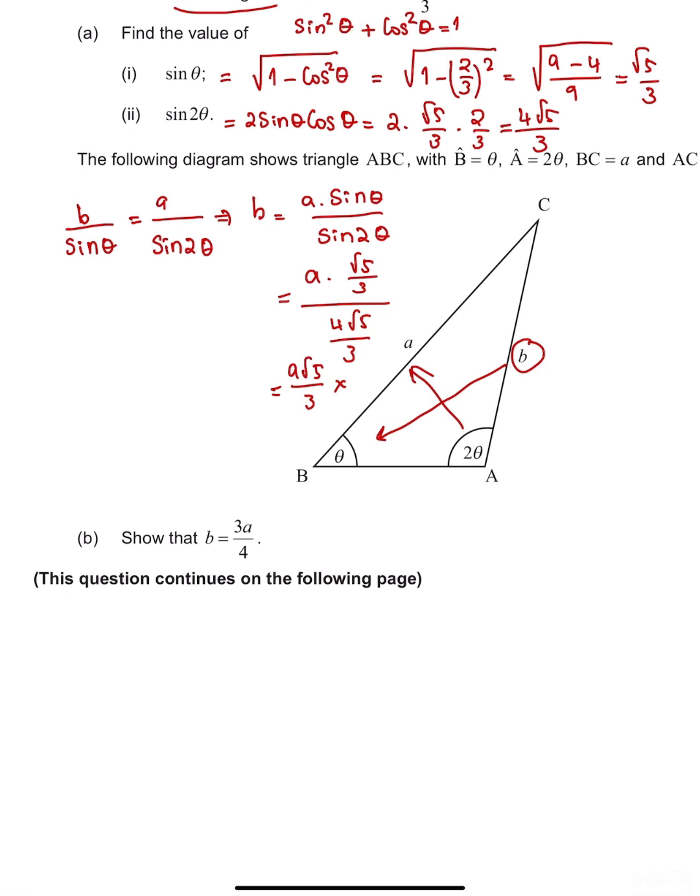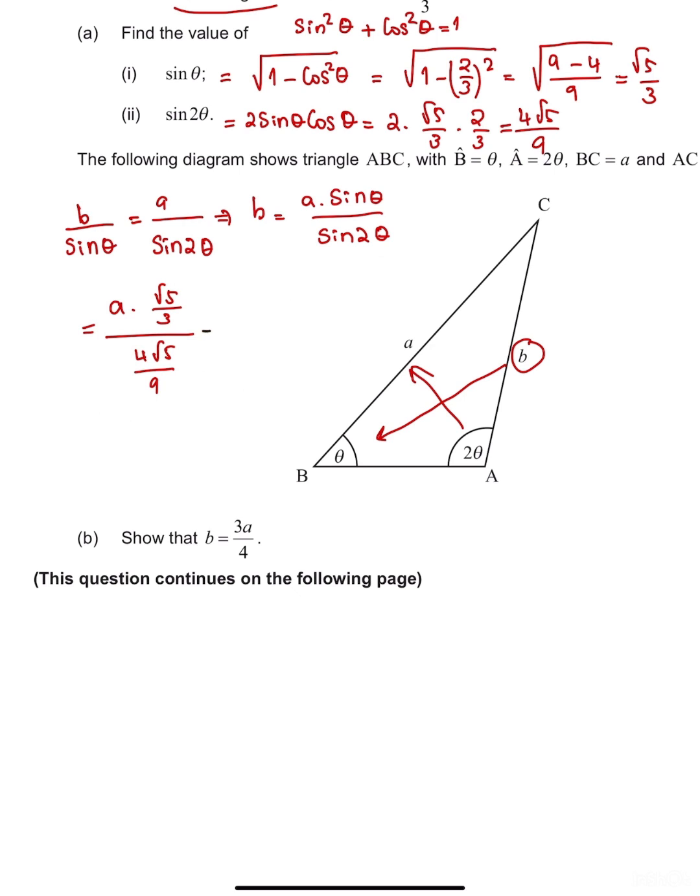I'm sorry, it's 9 here. So that means a times square root 5 over 3 times 9 over 4 square root 5. Sorry for my mistake here.